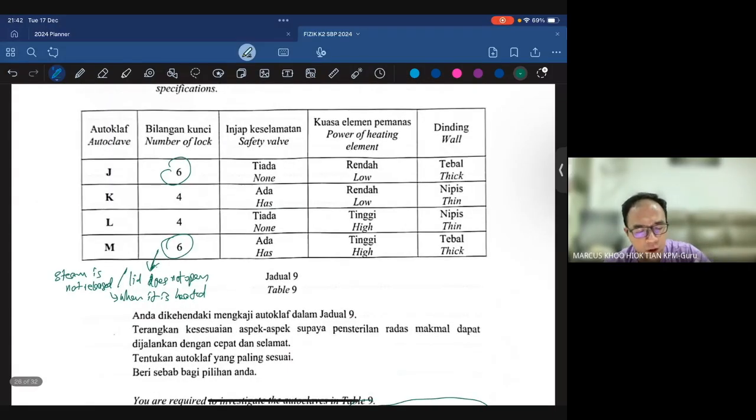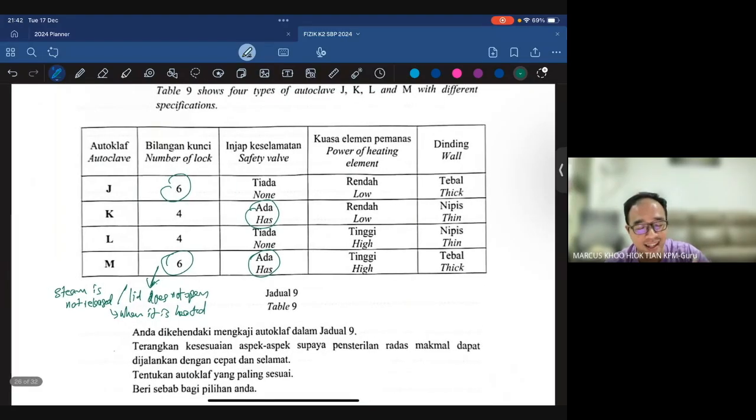Now, safety valve, obviously you want a safety valve. The reason for the safety valve is to release excess steam, because after a while you don't want the steam anymore, so you use the safety valve to open it and release it slowly.